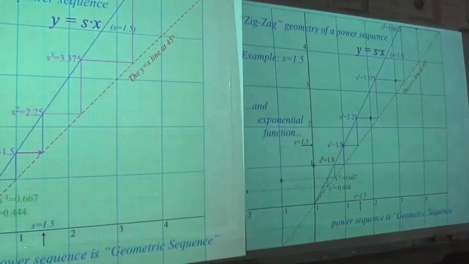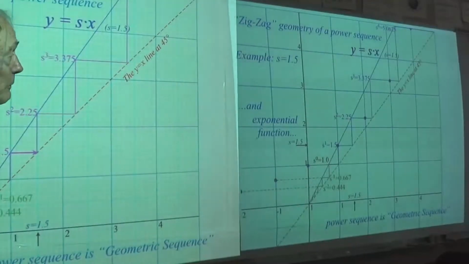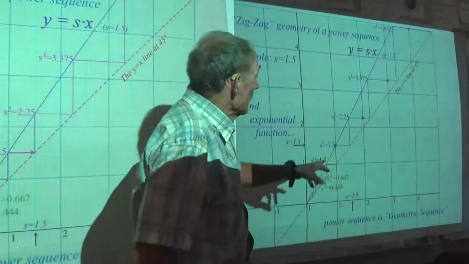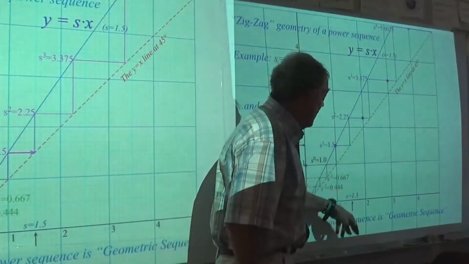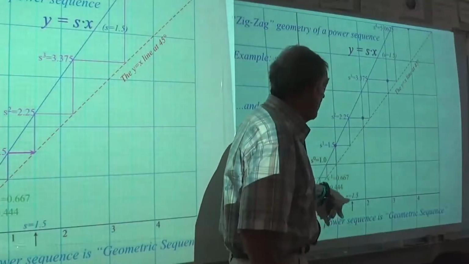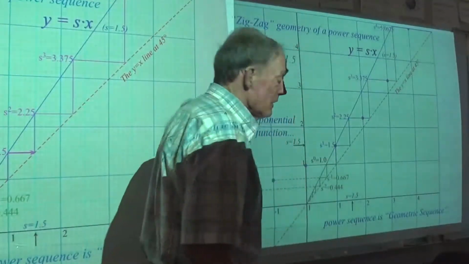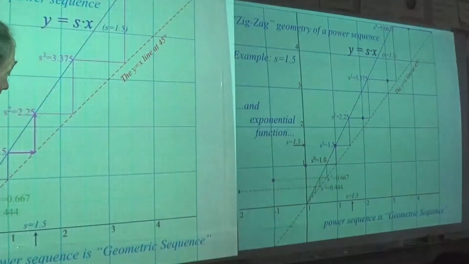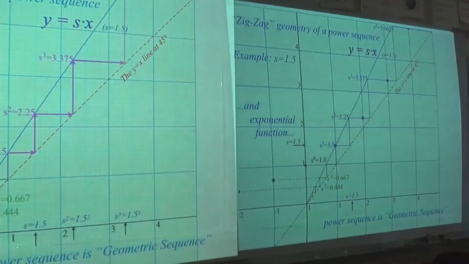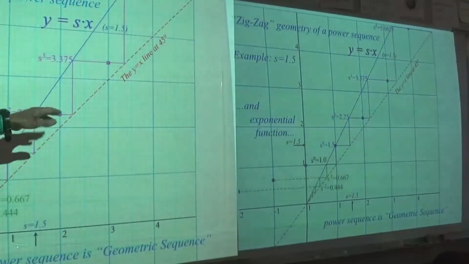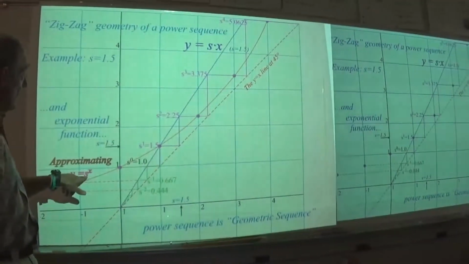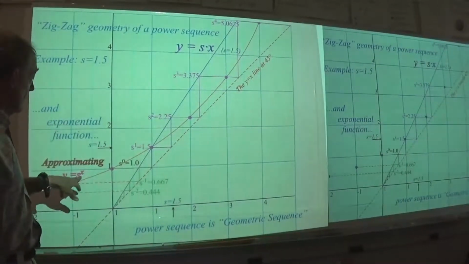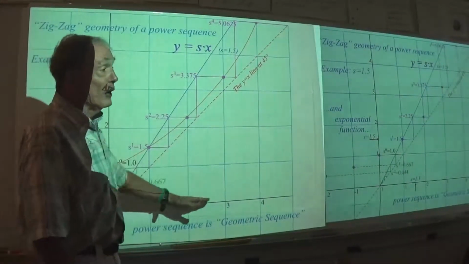There's the sequences, and if I simply put a mark on the staircase at the points that have 1 power, 2 powers, 3 powers, and I'll do it here where I can point at it more easily, I have a curve here that is an approximation to a power law, y equal, particularly here s is 1.5 to the xth power.